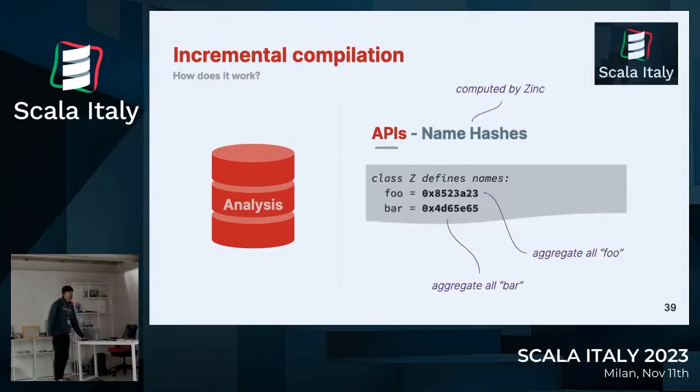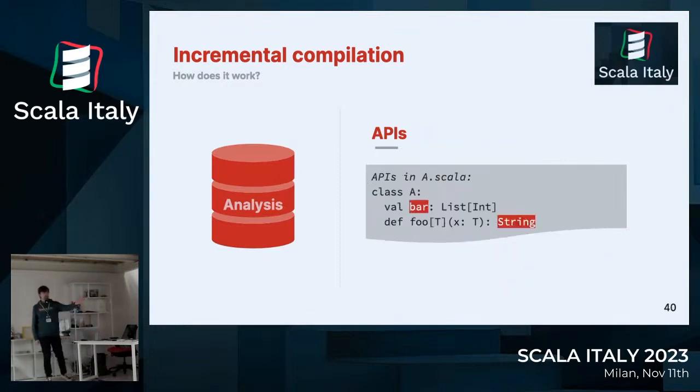And then in the APIs, we're going to have these name hashes. So all we're going to record is that Z is a class, and it has the name foo and the name bar. And these hashes are basically the combination of all the APIs, so all those 3 overloads will have different signatures, and they all get merged together into 1 hash. So all we really care about is, did this hash change when you recompile?